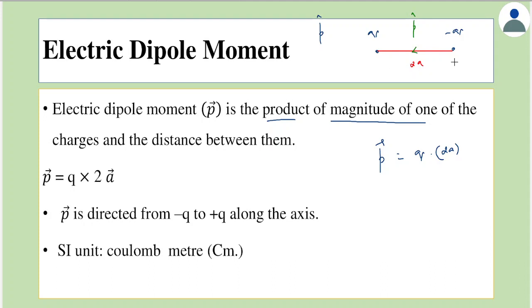If you call this point A and this B, then p cap is from A to B. So you put here p cap, or some books will write this dipole moment as Q into just vector 2a, where here a means it is from minus to plus. So both are equivalent. As given here, dipole moment is directed from minus Q to plus Q.